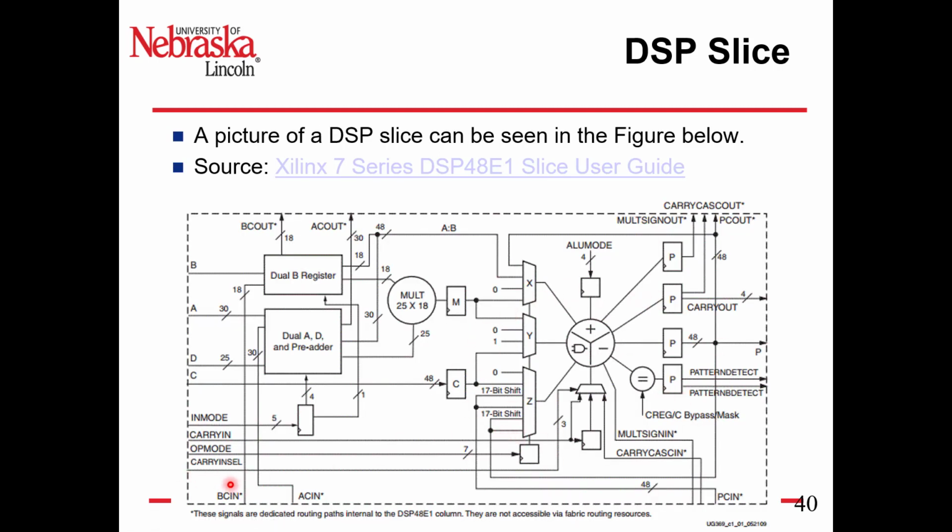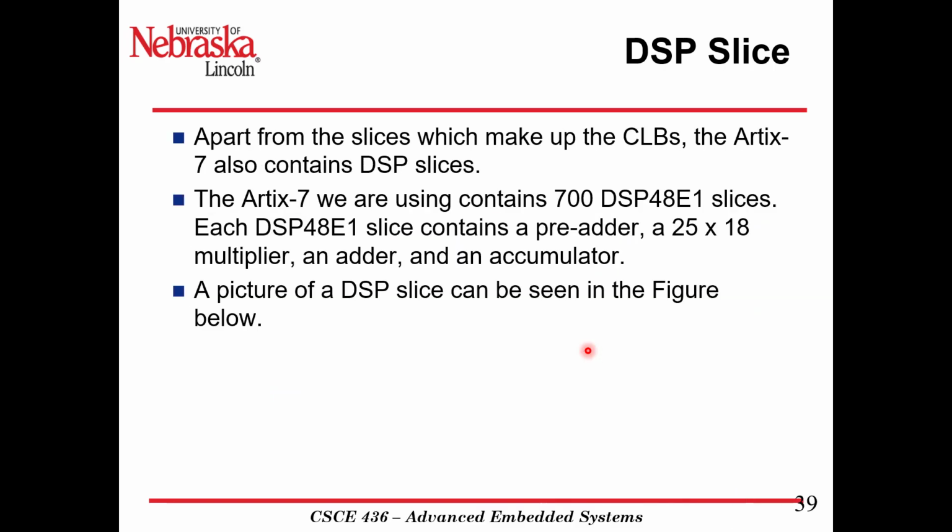You have your A and B in, P in, and you have your PC out and A out. You've got lots of registers, that 25 by 18 multiplier, and adders, and then depending on the ALU mode, you can do lots of other functions with that as well, based on those inputs.